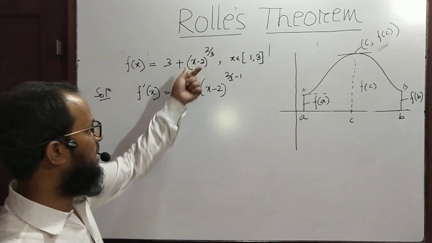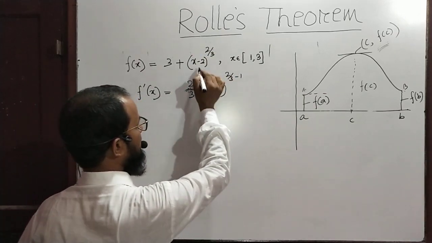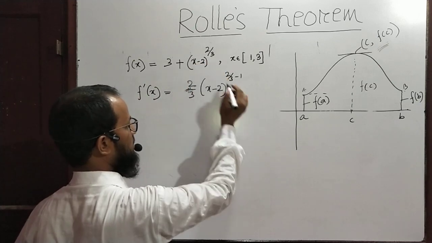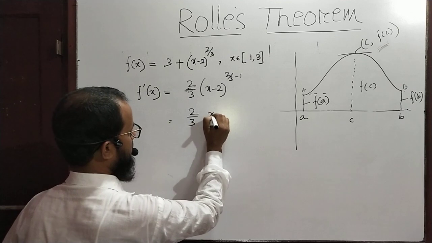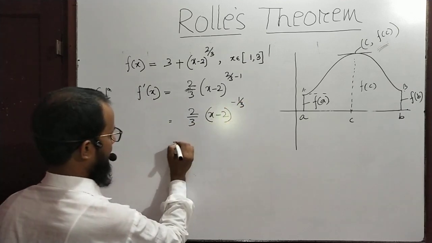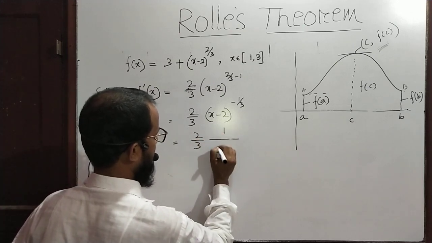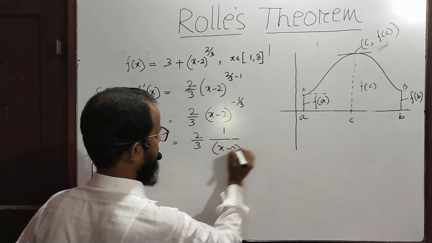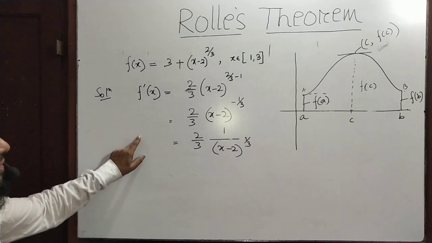You can apply the formula for the derivative of x to the power n, that is n times x to the power n minus 1, and since it is not x but x minus 2, the derivative of x minus 2 is 1. Finally you get 2/3 times (x - 2)^(-1/3), that is 2/3 times 1 over (x - 2)^(1/3). So this is your f'(x).